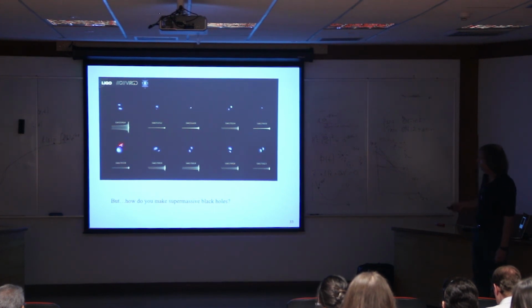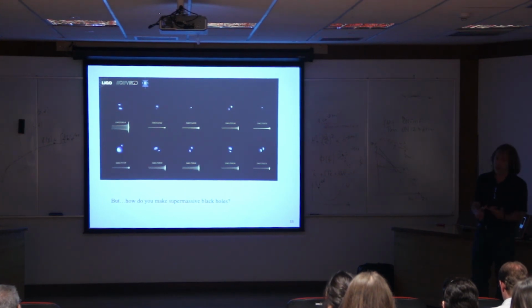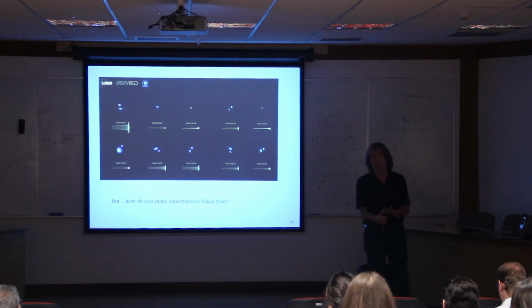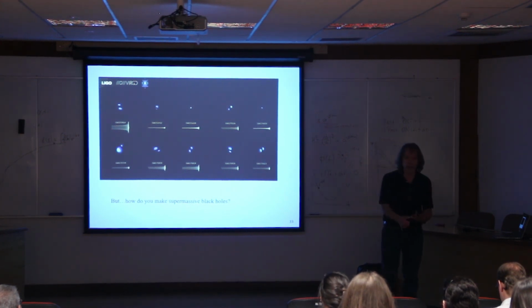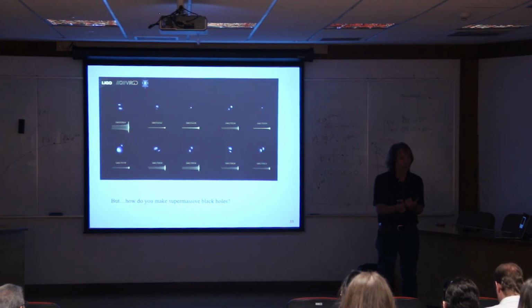But nothing we've detected so far can make the kind of black holes that we see that are there. So we know they're there. We know they obey general relativity. We can see some general relativistic effects. But sorting out the details, even getting the spin of these things, has so far been a bit elusive. Getting the masses, we can kind of do that with some errors. But we know they're there, and we don't know how they got there. And that's the answer.